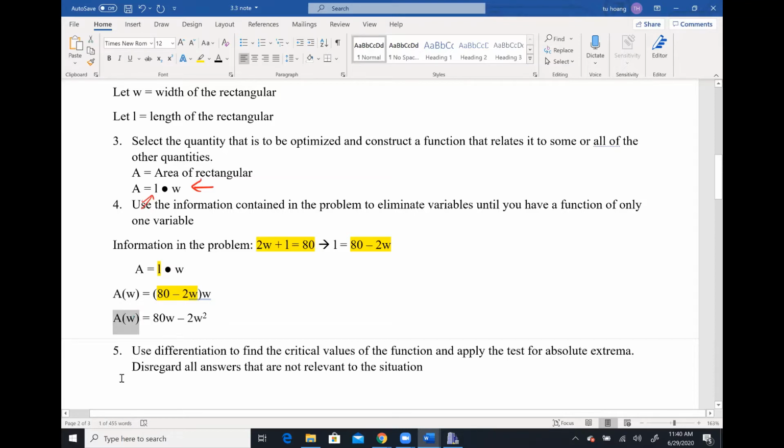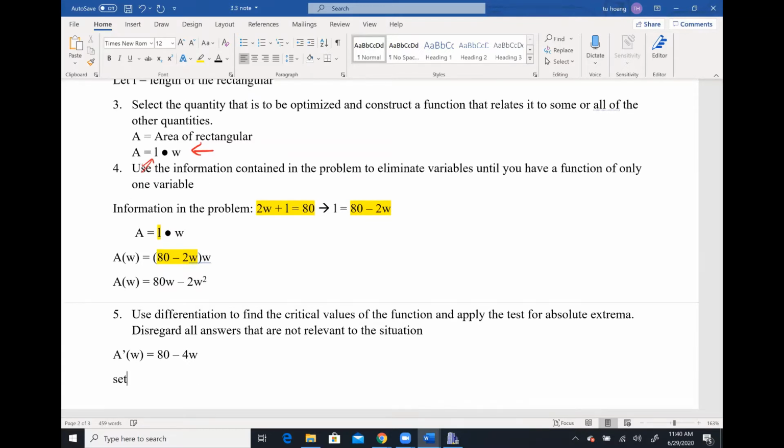Because you are looking for the maximum of A(W), you have to take the derivative, similar to some previous problems. When you take the derivative, you're gonna have 80 minus 2 times 2, you pull out the 2, right? 4W. And you're gonna set A prime to be equal to 0.